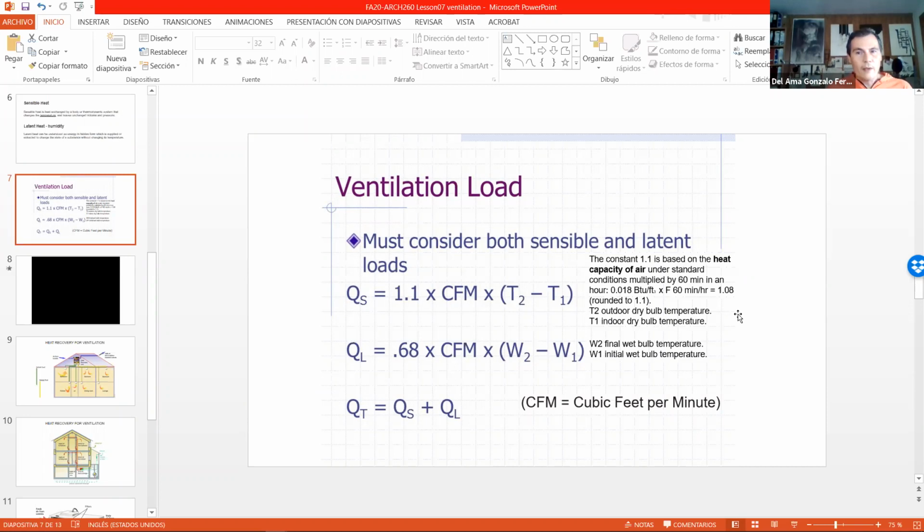The more the heat capacity, the less the temperature change when we apply heat. Air doesn't have a lot of heat capacity because it's very easy to heat up and to cool down. If we are heating up stone, for example, we need to apply much more energy to increase the temperature of a stone block 1 degree or 1 Fahrenheit.